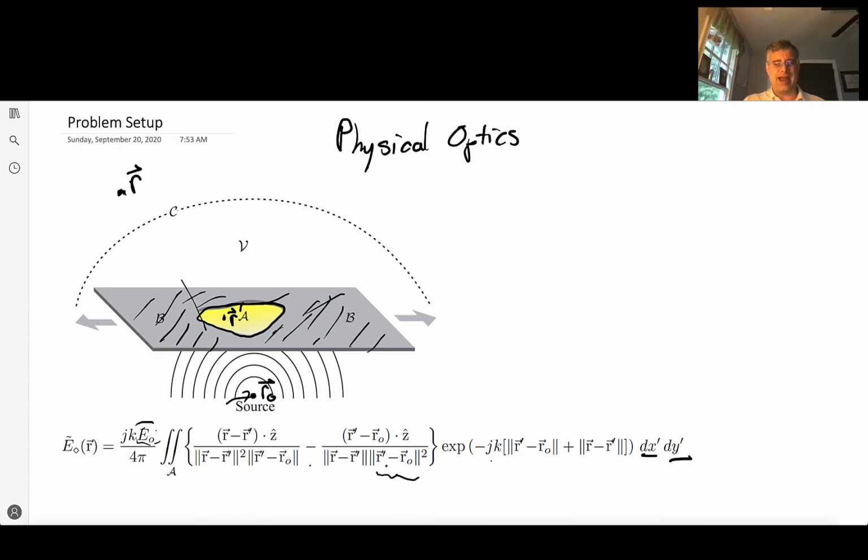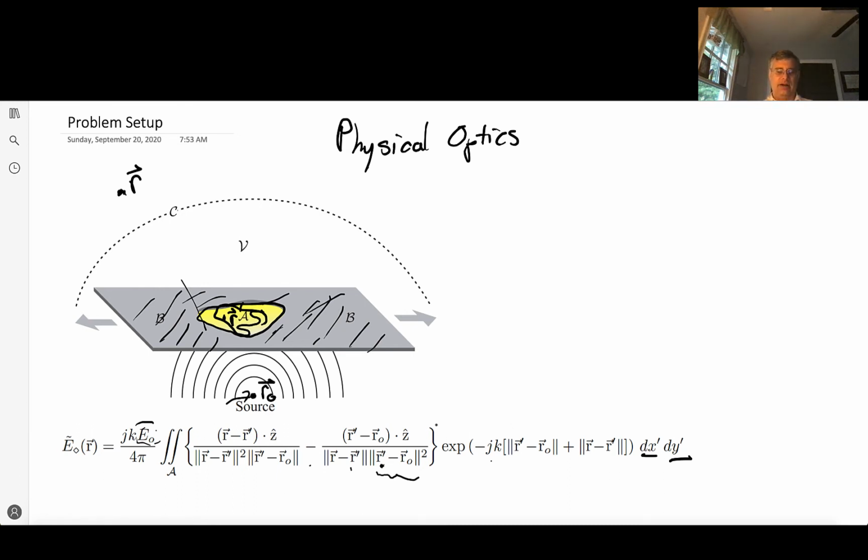I'm taking the magnitude of a vector that's going to be slid around. Remember this r prime. I'm sliding that around my aperture, picking up all these integrated contributions. I want to be able to approximate that with something similar, because these geometric terms are very difficult to work with in integration.